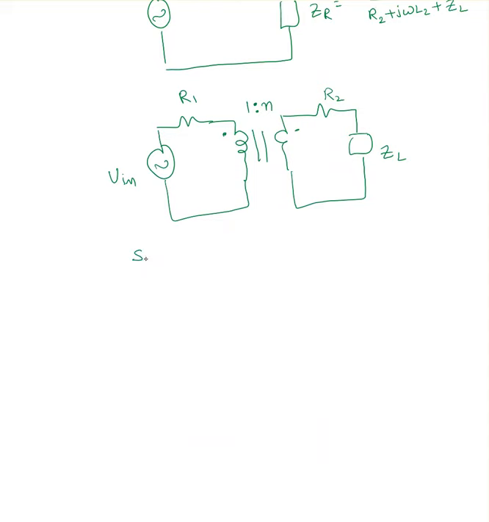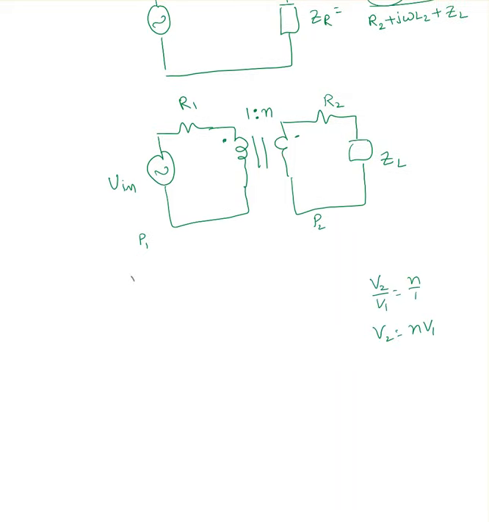We know that ideal means P1, the power supplied by the source, is the same as the power received by the load. There are no power losses. That's what ideal indicates. So for an ideal transformer, I'm taking P1 equal to P2. P1 is nothing but V1 I1 cos theta 1 and P2 equals V2 I2 cos theta 2.